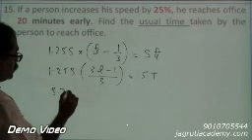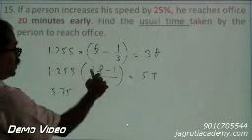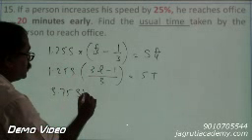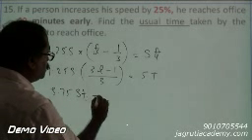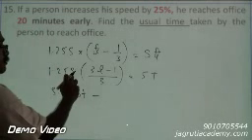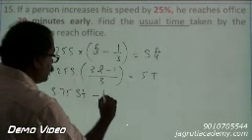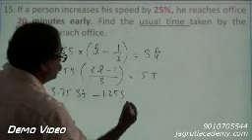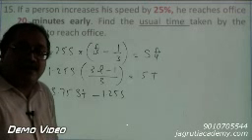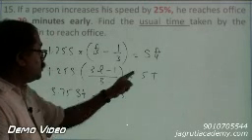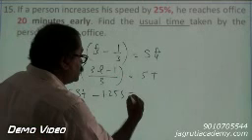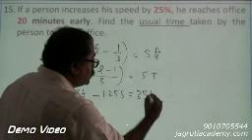So 3.75 st minus 1.25 s is equal to, this 3 will go the other side, 3 st.